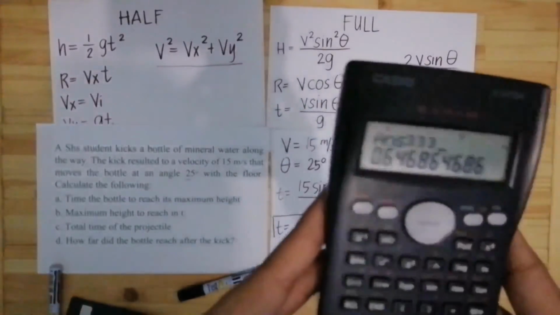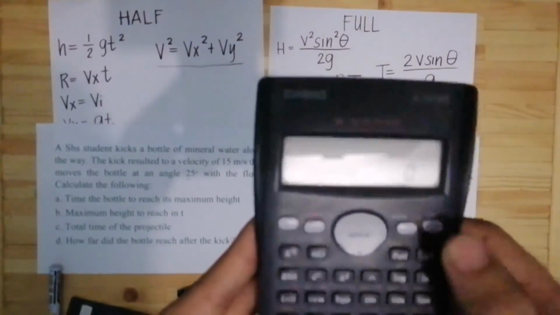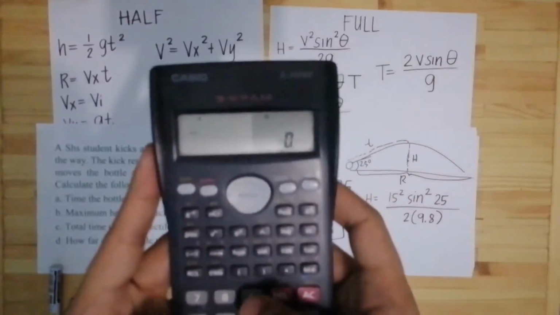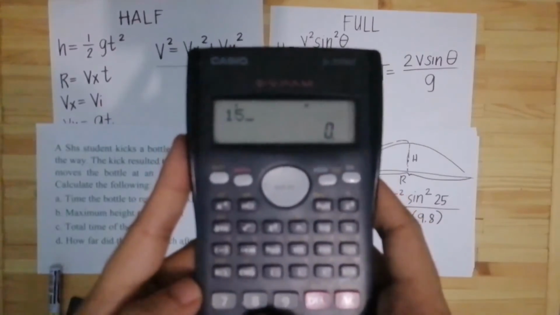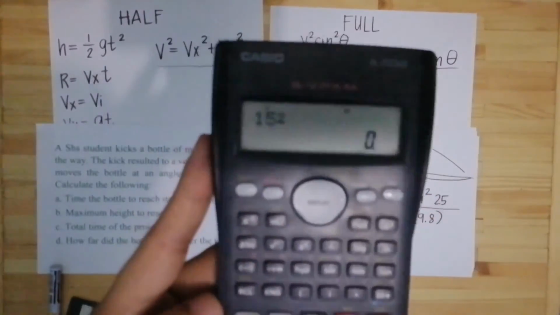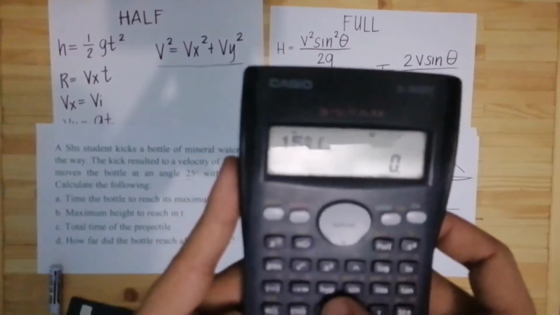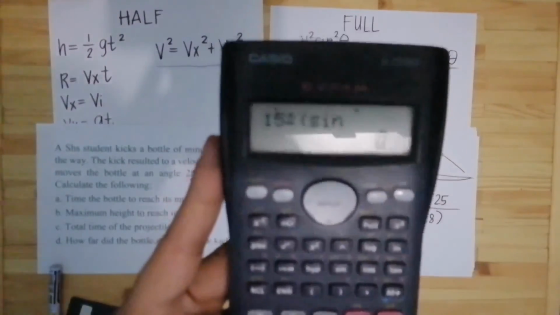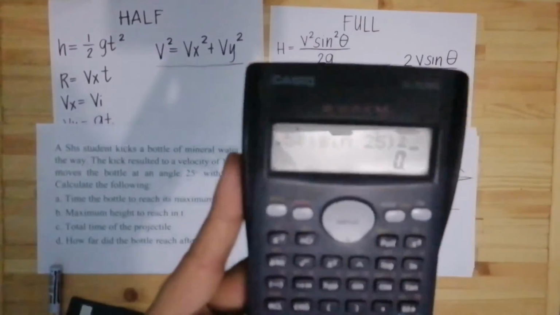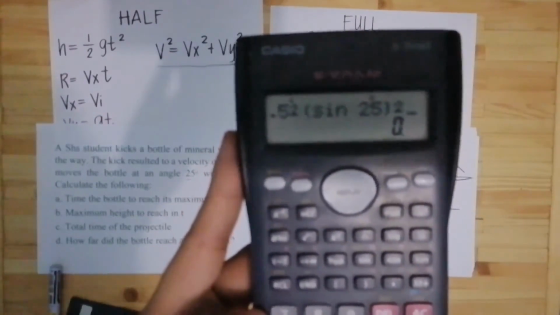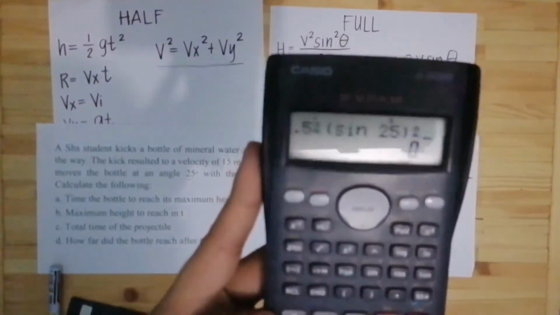So, lagyan na sa formula. 15 squared. Then ito, parenthesis, para sa sine squared, lagay ng parenthesis, sine 25 muna. Okay, then lagay mo yung square sa dulo. Sine 25, then square. Parehas lang sa sine squared 25.